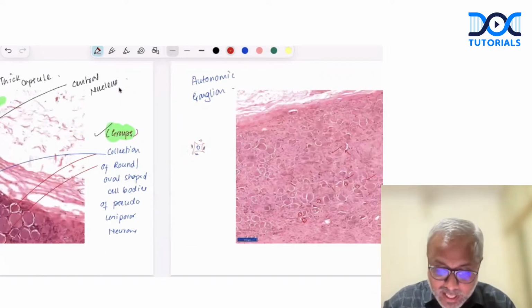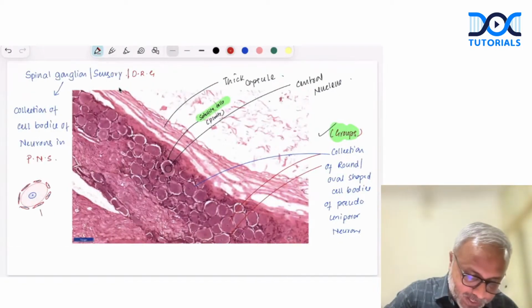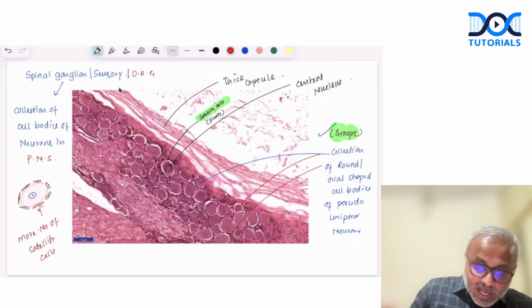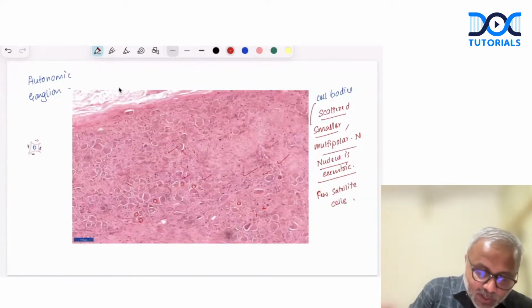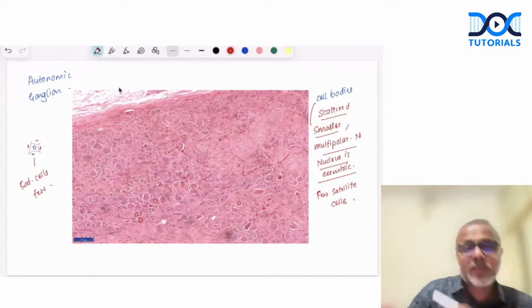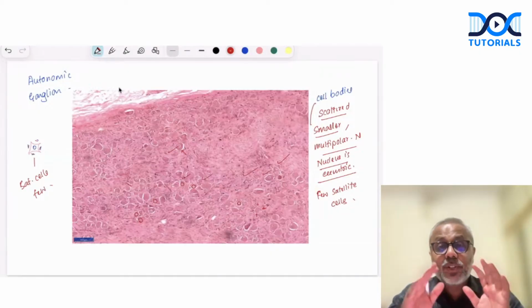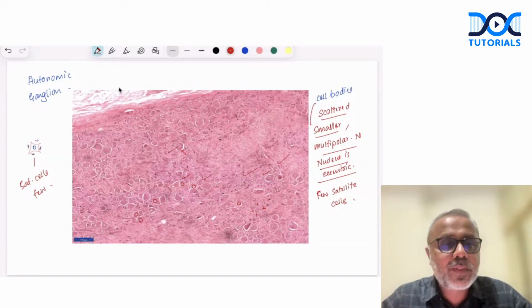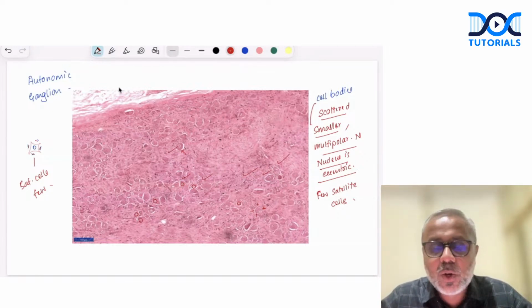The second important difference I want you to identify here is we have more number of satellite cells in the spinal ganglion. And when we talk of autonomic ganglion, the satellite cells are very few, right? So this is how we need to differentiate between the two ganglia. Hope it is clear, right?